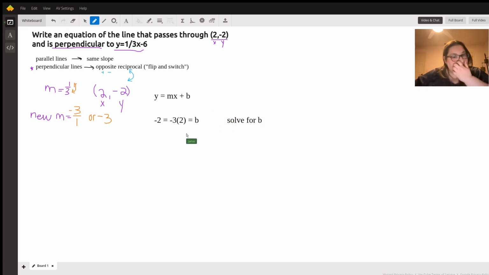Okay, so now what we're going to do is we're going to keep working here. Oop, this should be a plus. So we have -2 equals -6 plus b. We're going to add 6 to both sides. That will cancel this out.